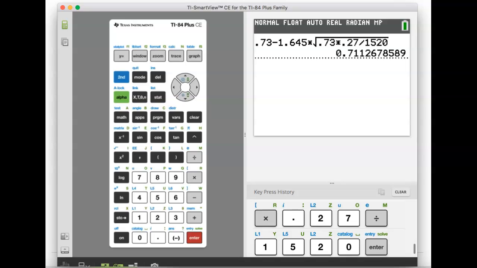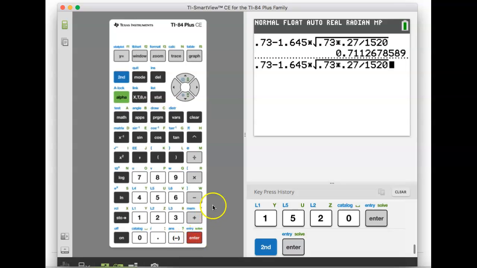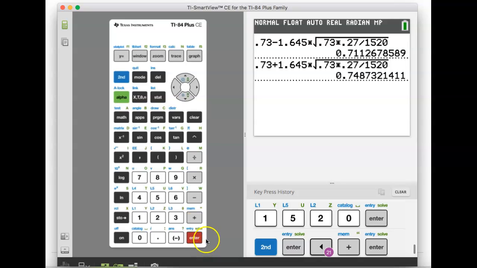All right, so to find the upper, here's the trick. I don't know if you guys already know this, but you can hit second enter, and it'll pull up your last input and just let you edit it. So then I can just scroll back and change my minus to a plus. Enter, and then there's my upper endpoint.